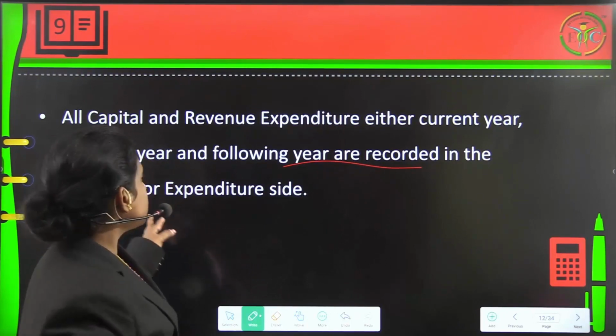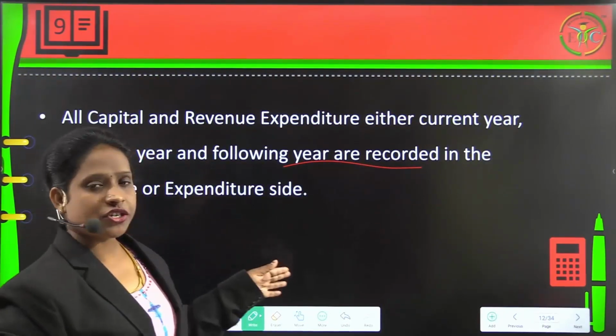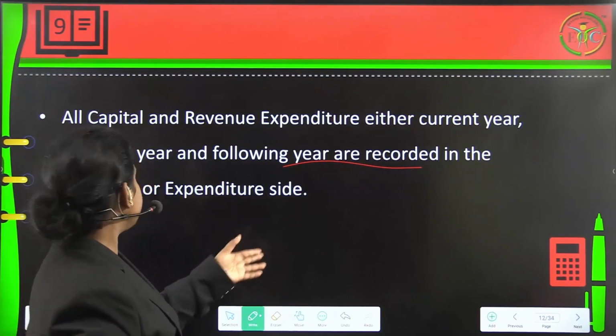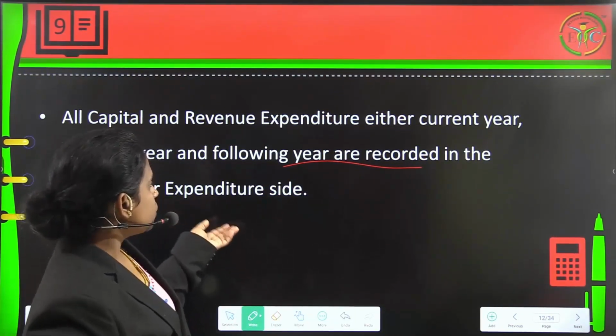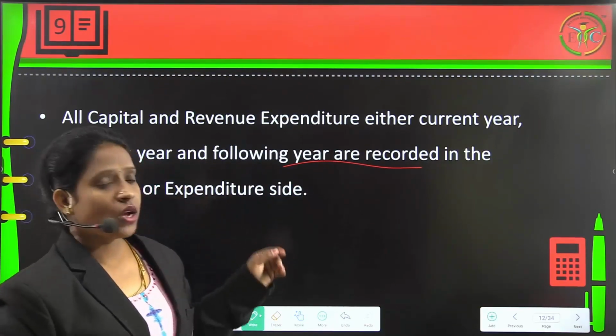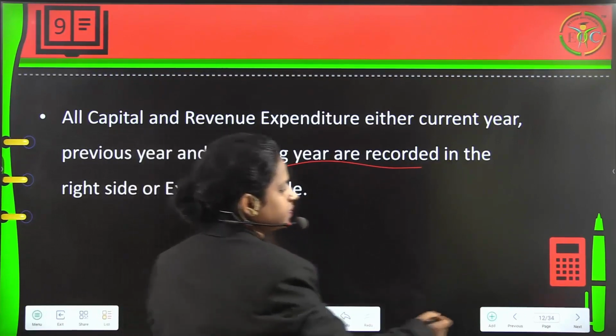So this also gives you the information that all capital and revenue expenditure, whether it relates to the current year, the previous year, or the following year, will be recorded on the right side or expenditure side.